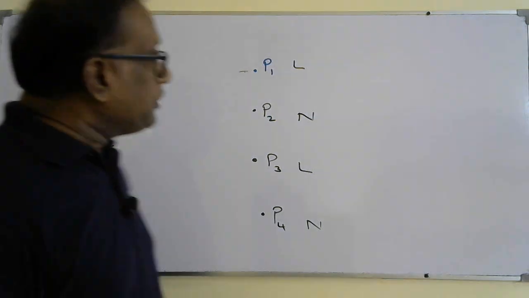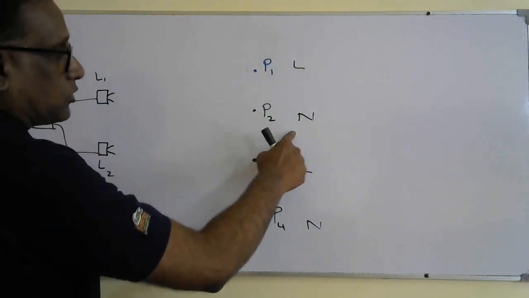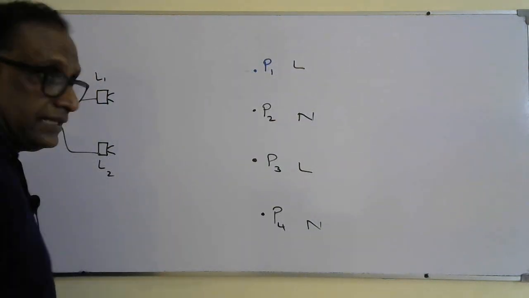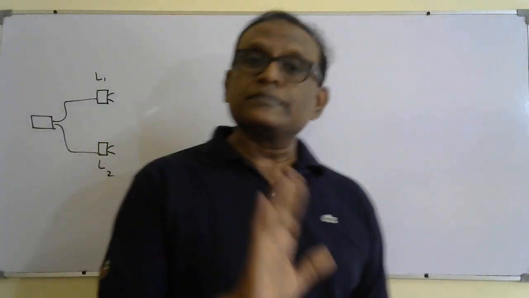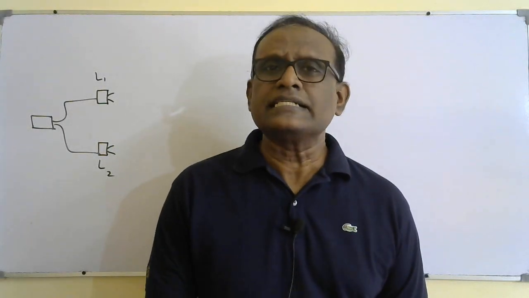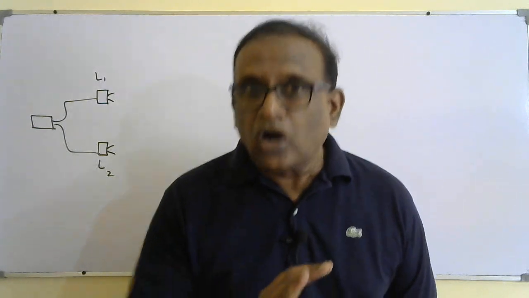So I told you that at this point there is louder sound, at that point no sound, like that. This superposition pattern must be stable, that means it remains the same throughout the experiment.